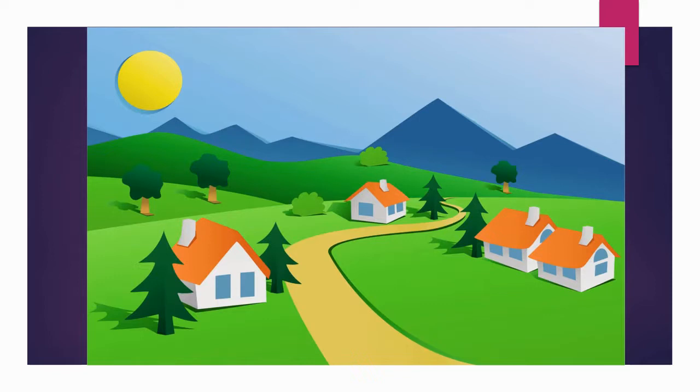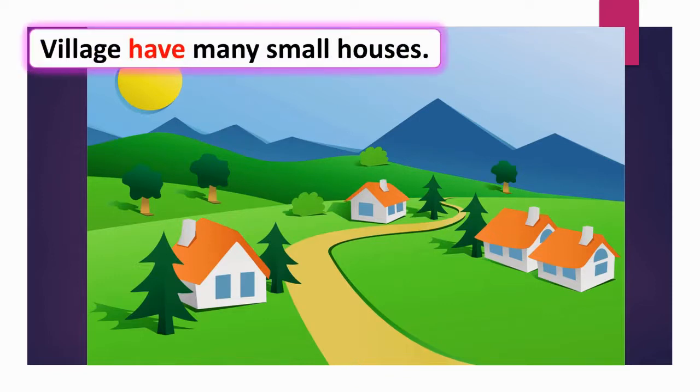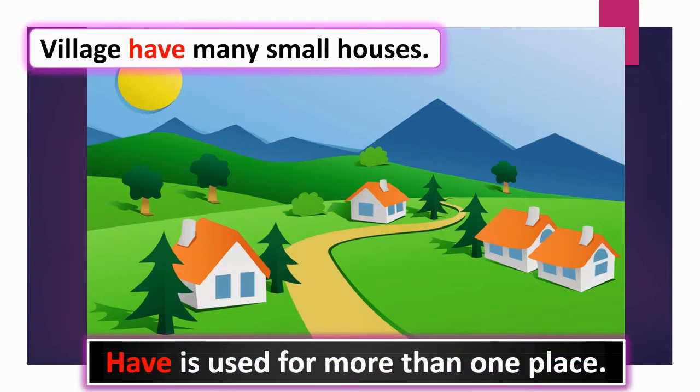Okay. So we will say village have many small houses. As you all can see in this picture, there are many houses. Yes or no? So have is used for more than one place. Okay.